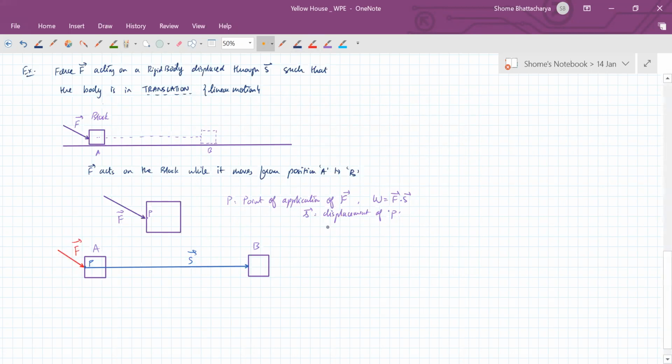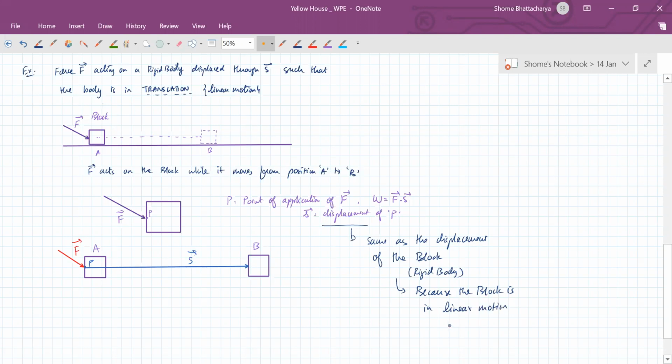So again, this is the same as the displacement of the block. Why is it exactly the same? Because the block is in linear motion or translation.